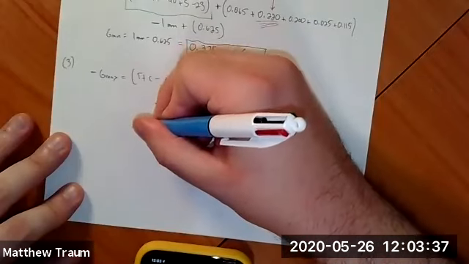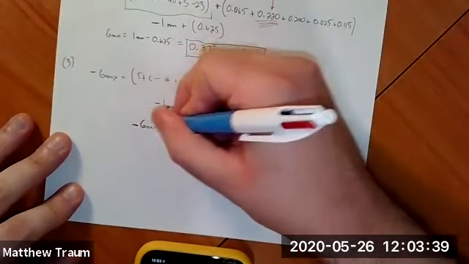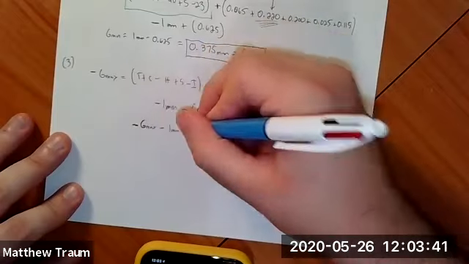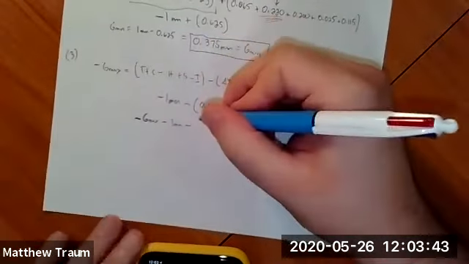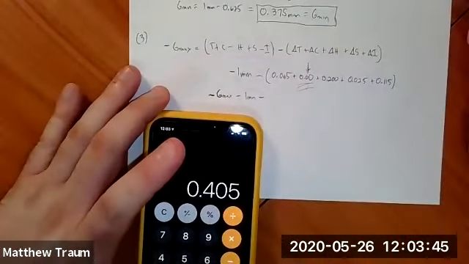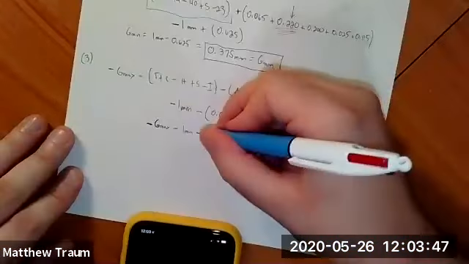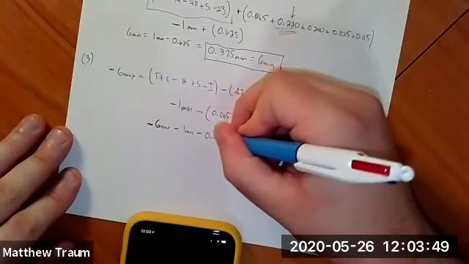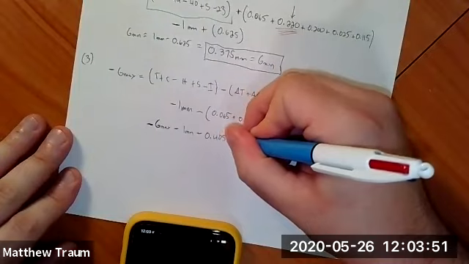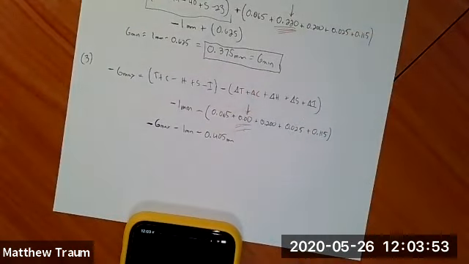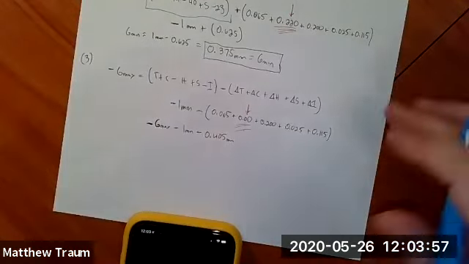Okay, so minus G max minus 1 millimeter, which we got from before, and now minus 0.405 millimeters. And let me just triple check. Yes, okay, right. So when I solved this before, that's what I got.